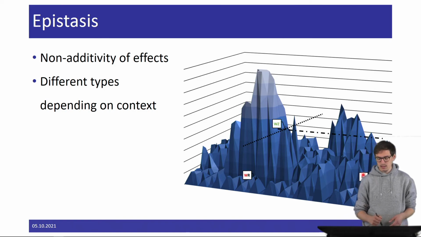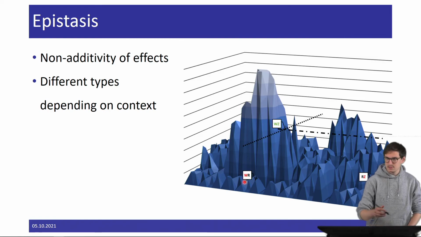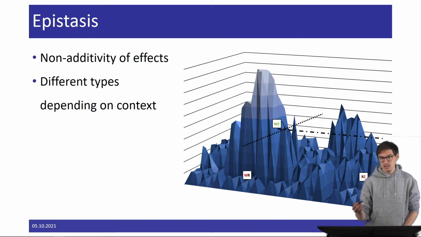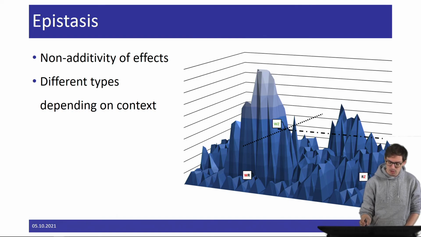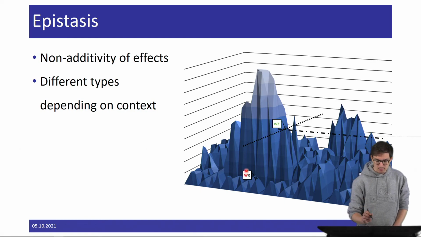Now you would think, okay, if amino acid W causes this amount of increase in activity, and Z causes the same small amount of activity, then the combination of W and Z would be the combination of both effects. But this is not true, as we can see here.